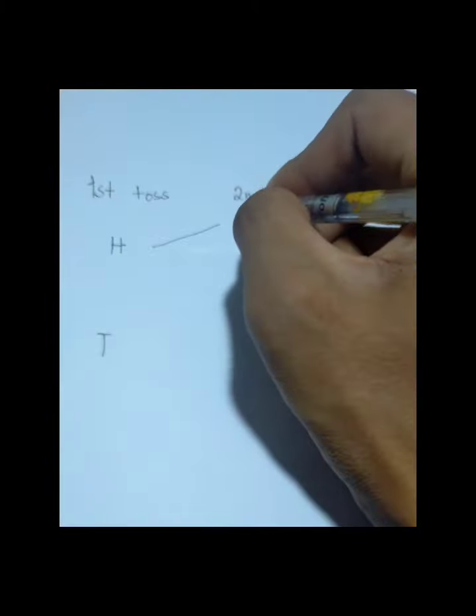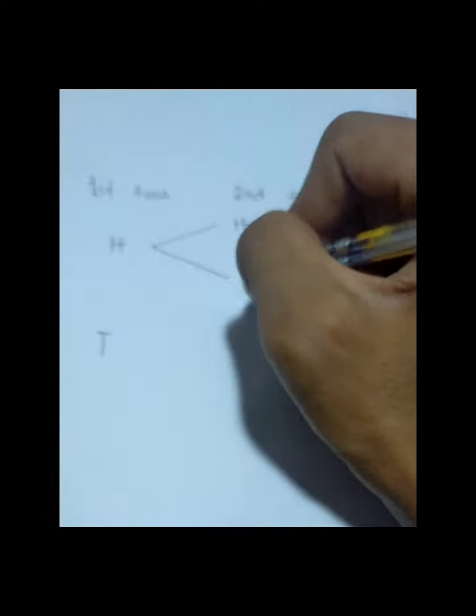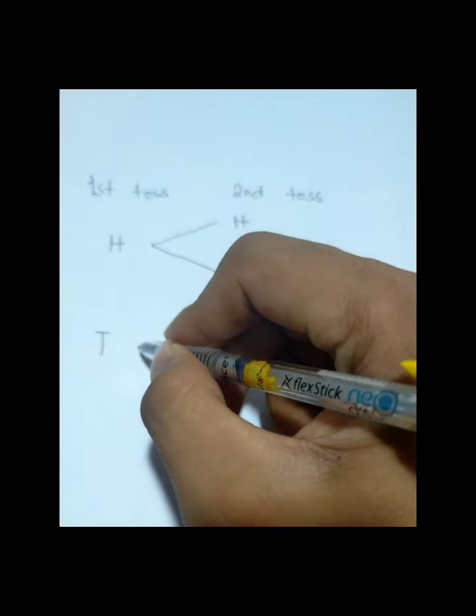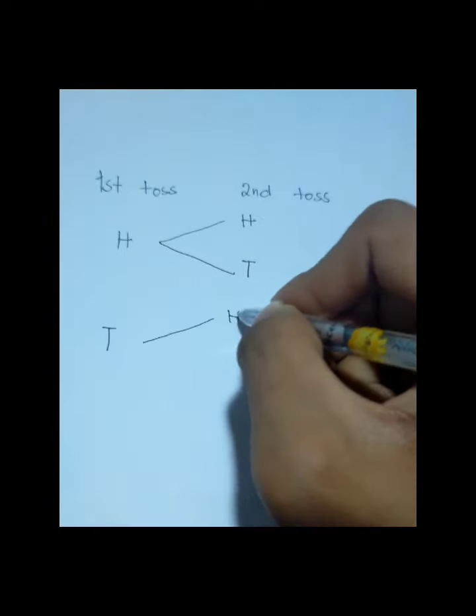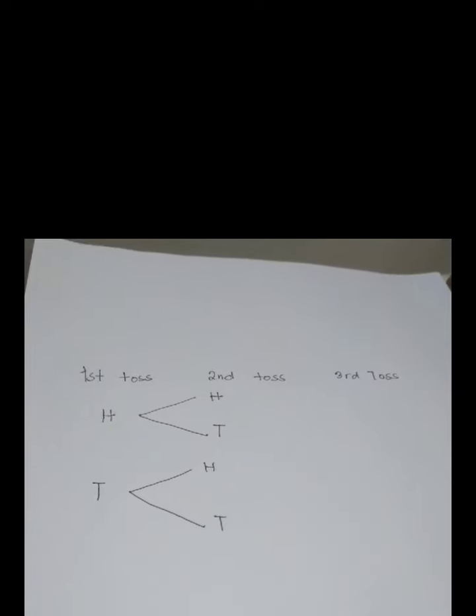Then, when we do the second toss, the possible outcome will be head or it will be tail. Then here, it will be head or it will be tail again. So, when we do the third toss, it will be head or tail.